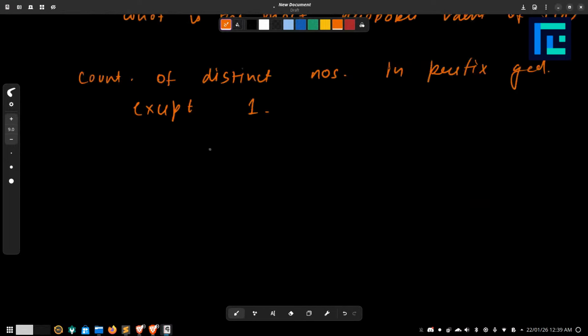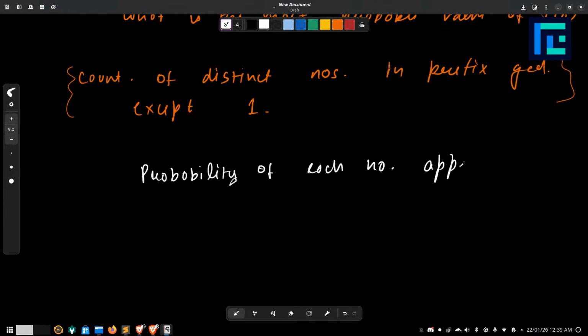Since we need to find the expected value of the count of distinct numbers, what we can do is find the probability of each number appearing in the prefix GCD. Obviously the numbers will be from 2 till m.